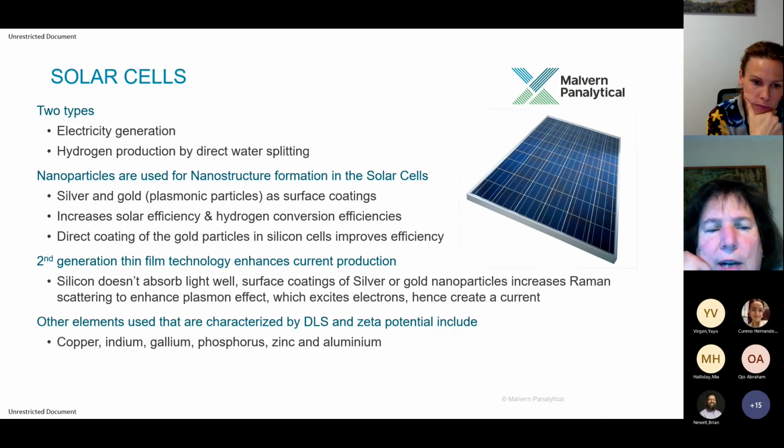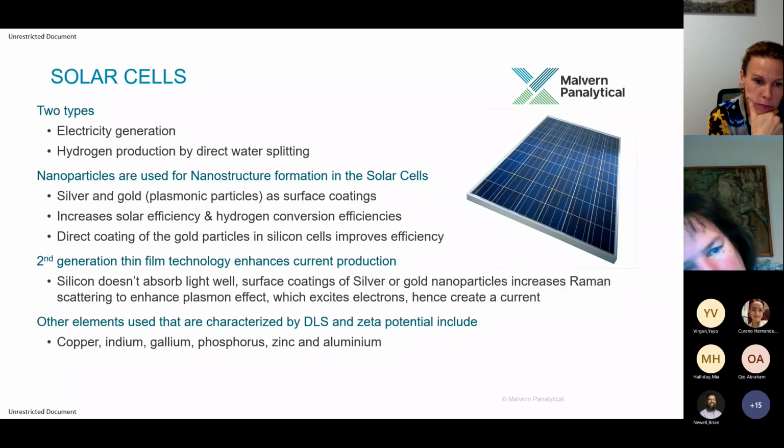We're really talking about the direct coating of gold particles on the silicon cells, and they improve the efficiency of the cells. Silicon doesn't absorb light very well, so these nanoparticles increase the Raman scattering to enhance the plasmon effect, which excites electrons and creates a current.